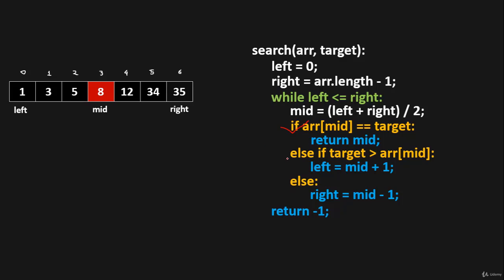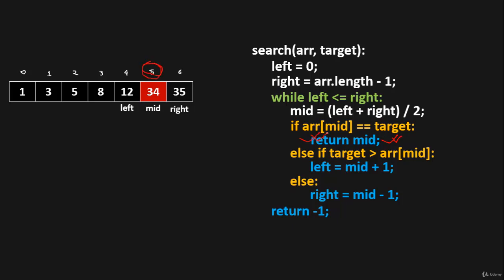Then we check if the target is greater than the middle element, then we'll move left to the next of middle. And we see that 34 is greater than 8. So we'll move left to the next of middle. Then we calculate the middle for this subarray. Okay, and the middle in this case is 34. Now we see that 34 equals the target. So we will return middle. So we will return the index 5.